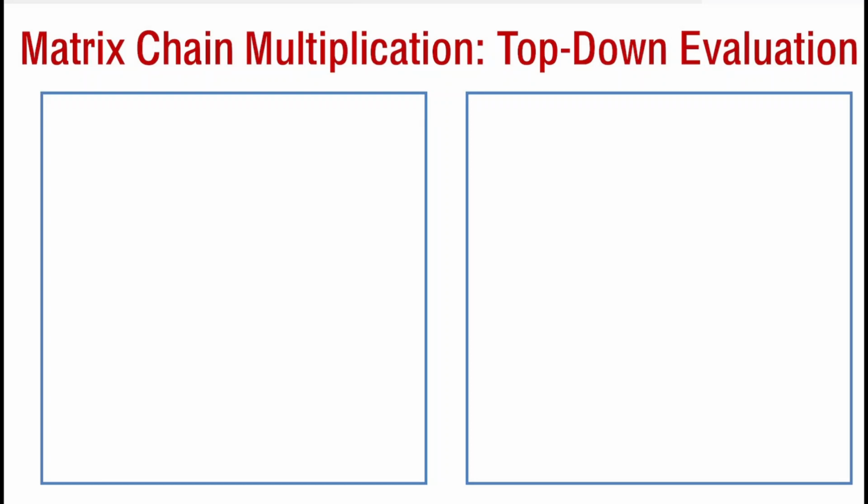For our top-down algorithm, we keep an array Mij, and we keep a value done ij, and we use that in order to determine.